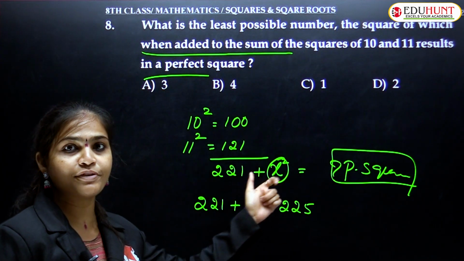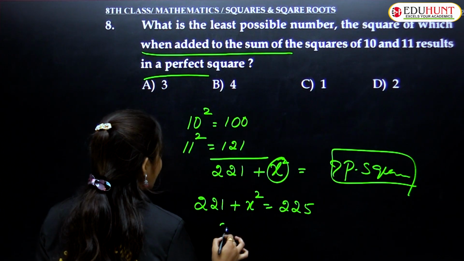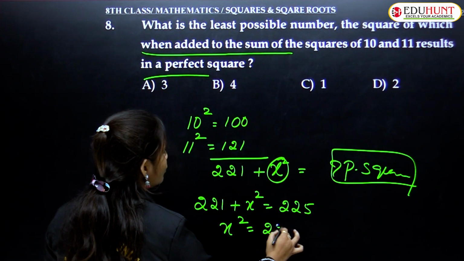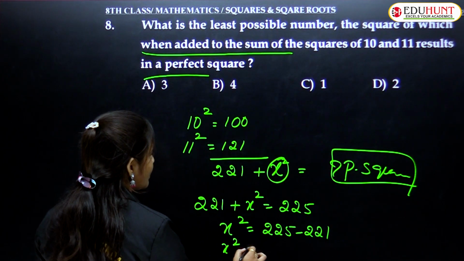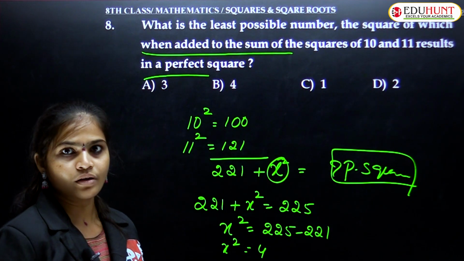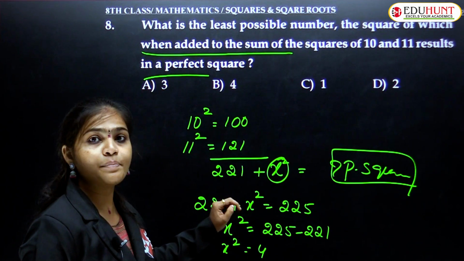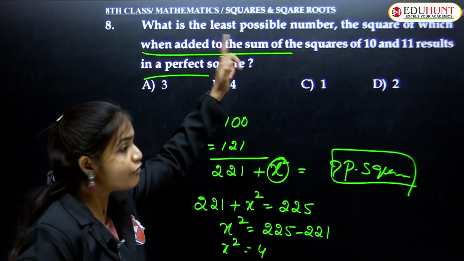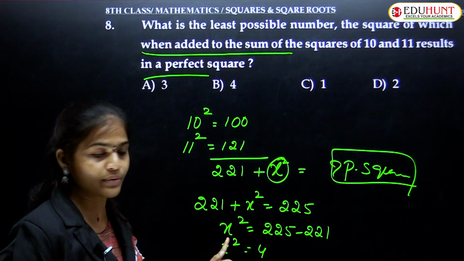Its square root is 15. 15 15s are 225. So x square is equal to 225 minus 221, which is equal to 4. But here they are asking the square of which number, which means we need to find the value of x, not x square.